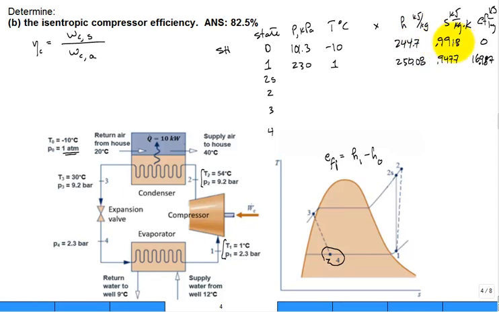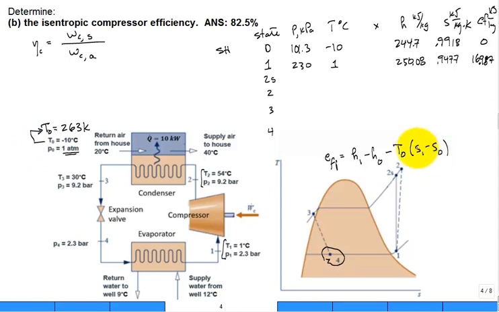Then minus the dead state temperature. The dead state temperature is negative 10, which we convert to 263 Kelvin, so T naught, times S1 minus S naught.